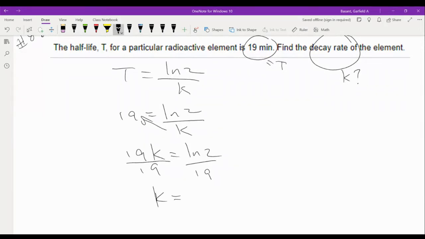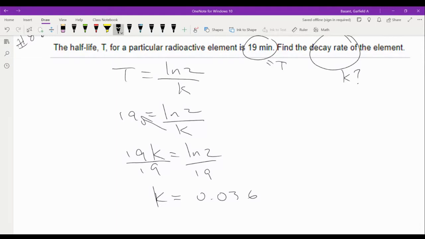Sure, you guys will tell me. 0.036. Okay, I'll buy that.